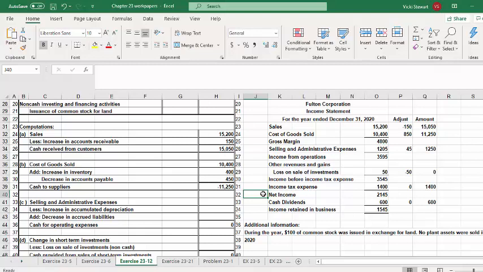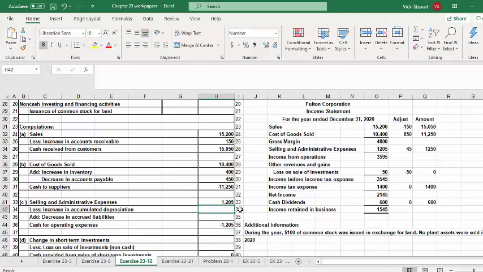Next, we go to the selling and administrative expenses, which the income statement lists as $1,205. If you notice, depreciation expense is not shown separately on the income statement, so it would be included in the selling and administrative expenses, and we know that that is a non-cash expense.